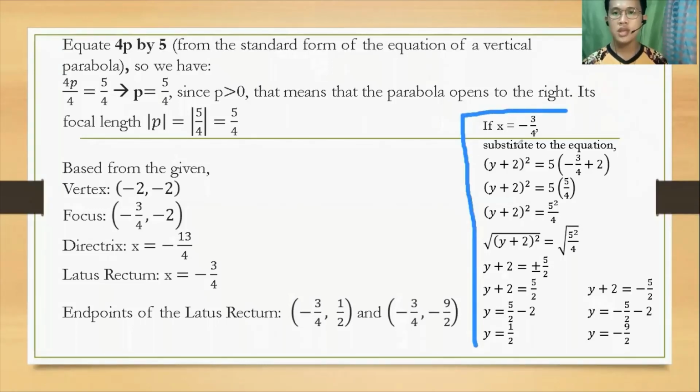We substitute the value of x, which is -3/4, to your standard equation again. As you can see it here, and then here, observe. Okay, the same process will happen, guys.